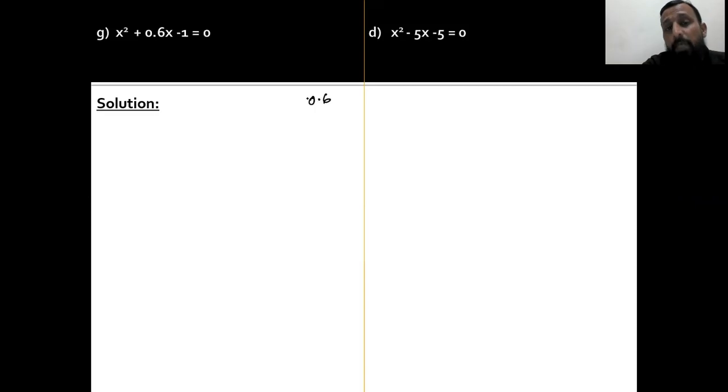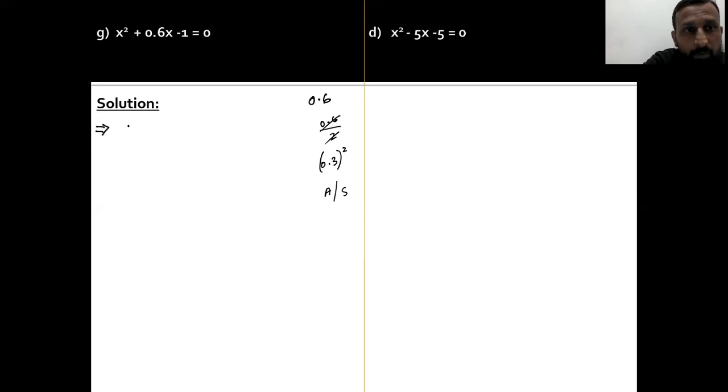That's step number one. Step number two, divided by 2. So 0.6 divided by 2 gives the answer 0.3. Now square it and then finally add it and subtract it. Okay, so let's do it.